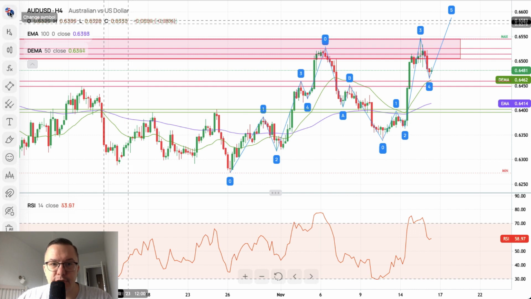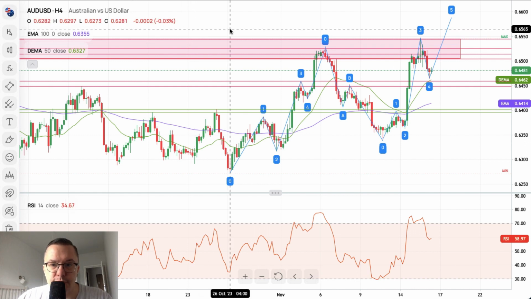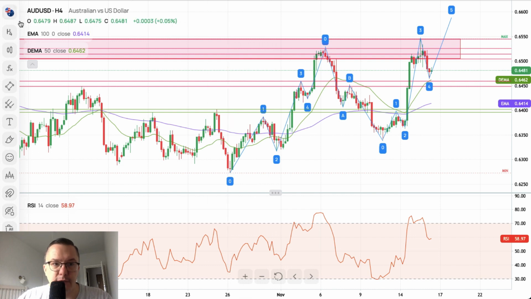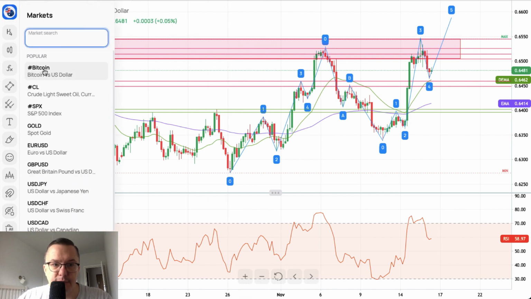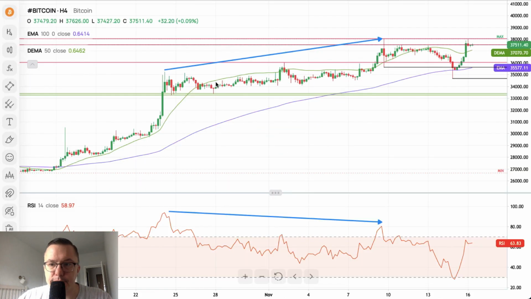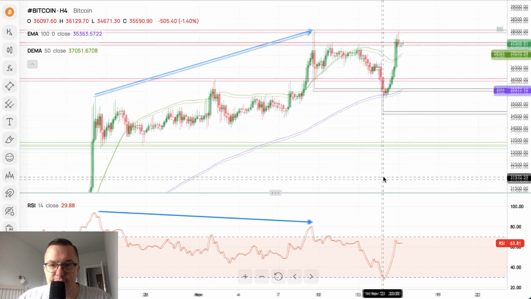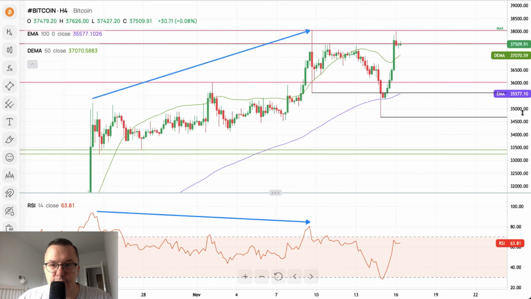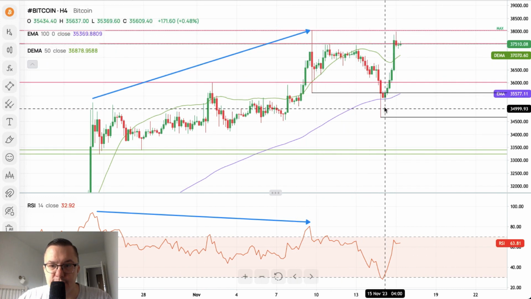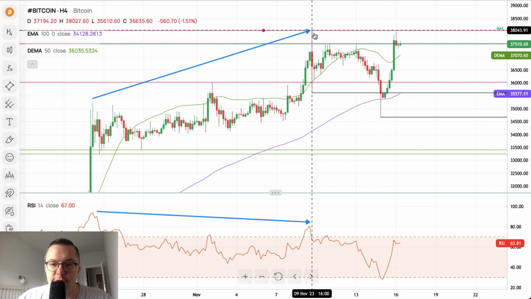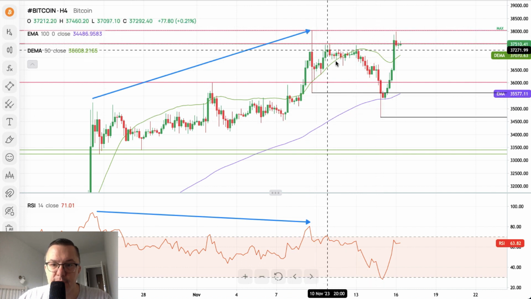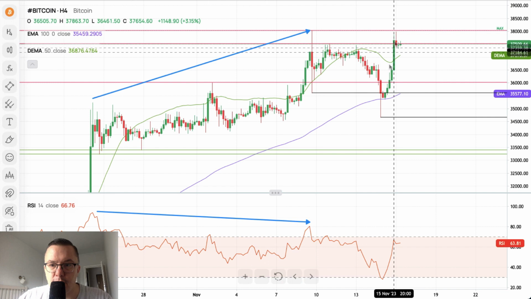All right, so Australian dollar, US dollar to Japanese yen, euro dollar, and there was one more market I would like to take a look at, and this market will be Bitcoin, of course. So the Bitcoin market is a very interesting one, because we just retraced all of this correction to the downside. This was almost a 9% correction here, and all of it was retraced.